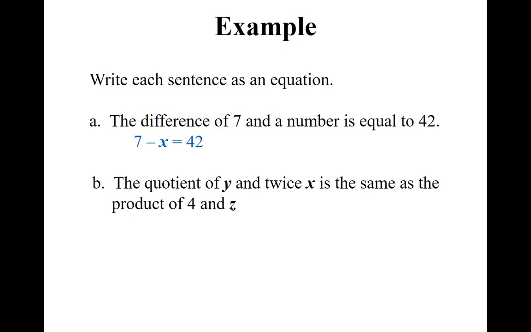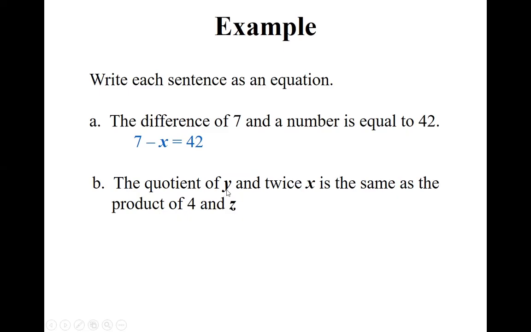7 minus x equals 42. B, the quotient of y and twice x is the same as the product of 4 and z. So is the same as, there's our equal sign. To the left of the equals, we'll have the quotient of y and twice x. To the right of the equals, we'll have the product of 4 and z.